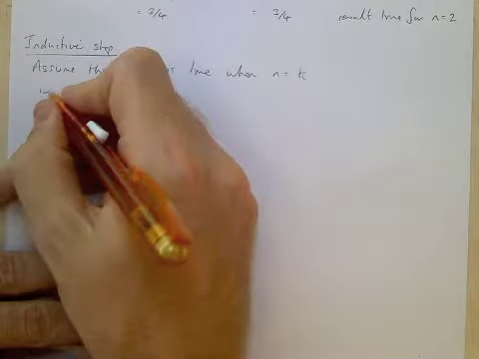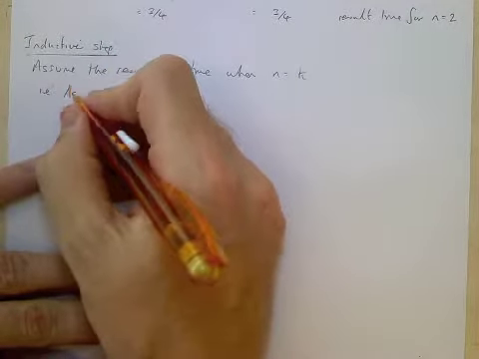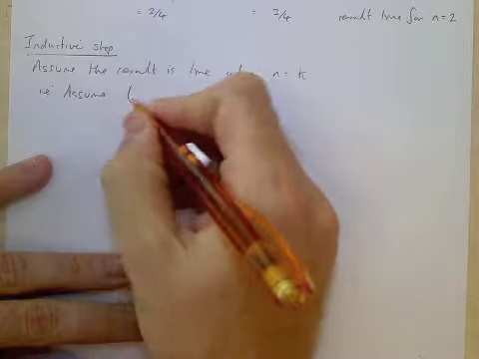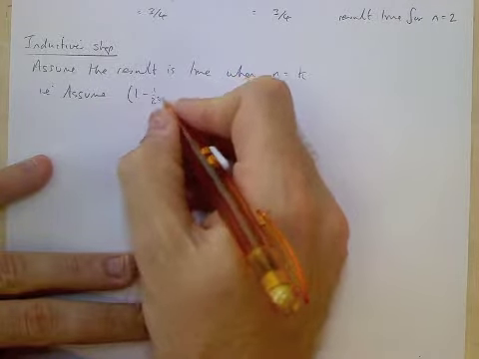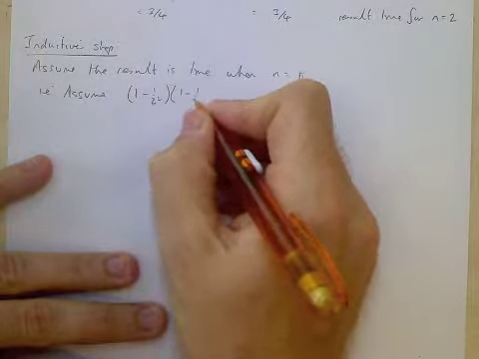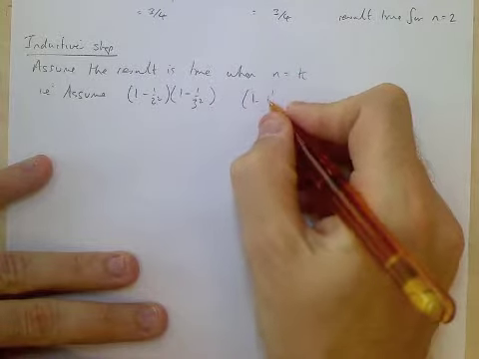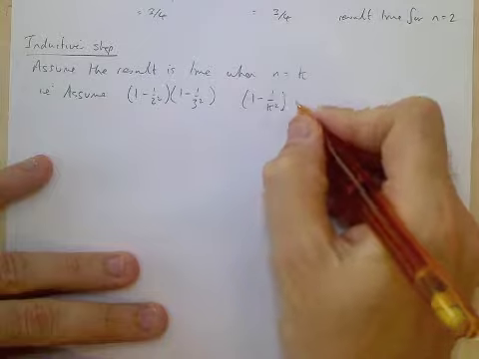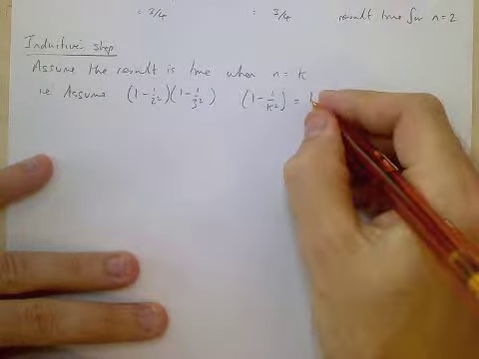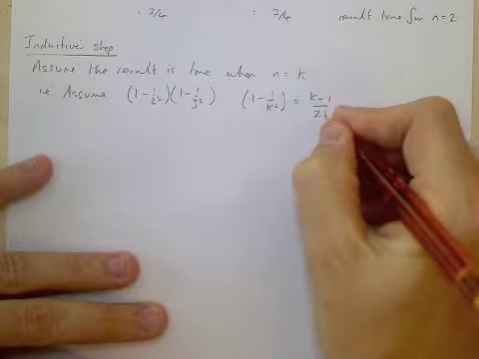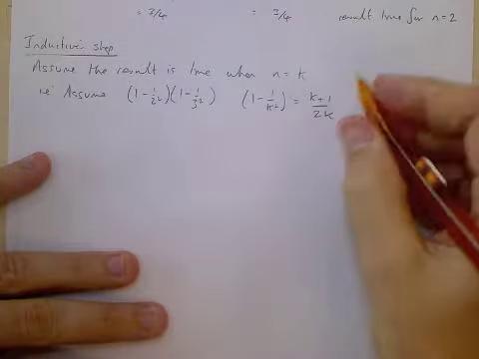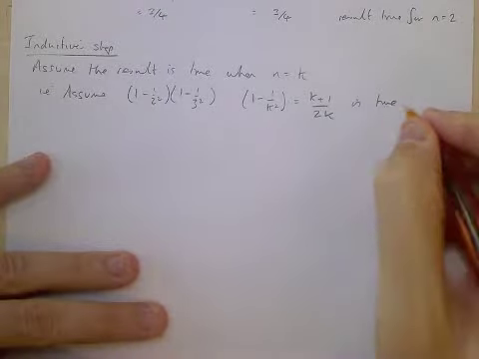And I'm going to write down what that means, i.e. I'm going to assume that 1 minus 1 over 2 squared times 1 minus 1 over 3 squared times all the way up to 1 minus 1 on k squared is equal to k plus 1 on 2k. I'm going to assume that is true.